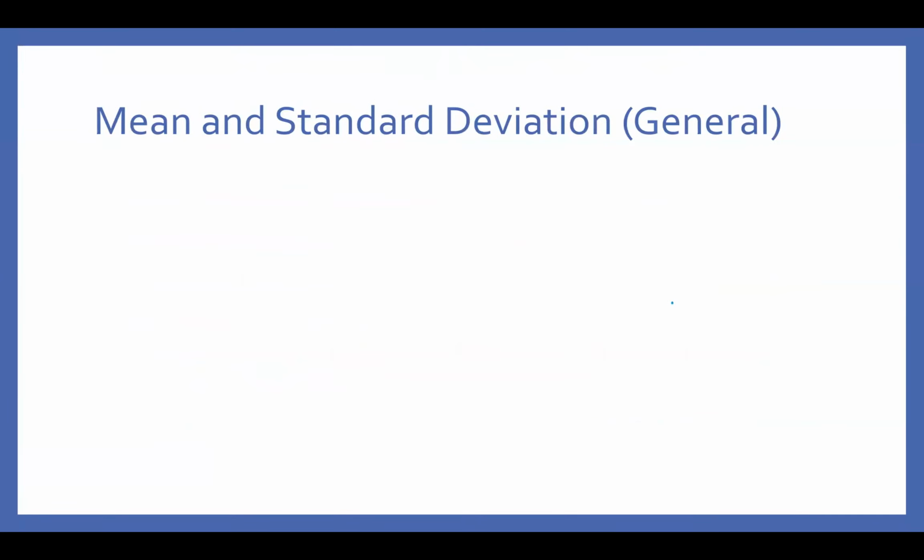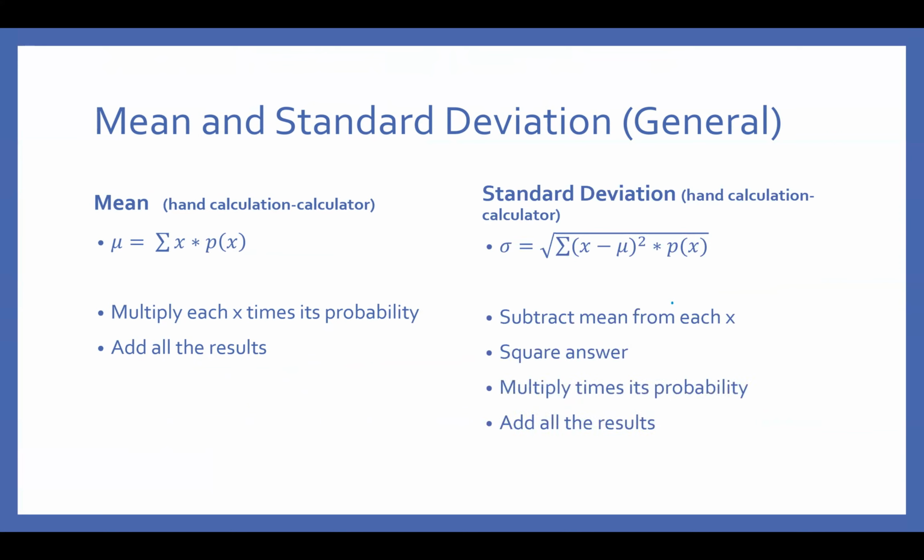I'm going to give you the formulas for the mean and the standard deviation for a general probability distribution. Now, finding the mean and the standard deviation is a hand calculation using a calculator. A general discrete probability distribution is not something we will do in Minitab. You will need a handheld calculator to perform these calculations.